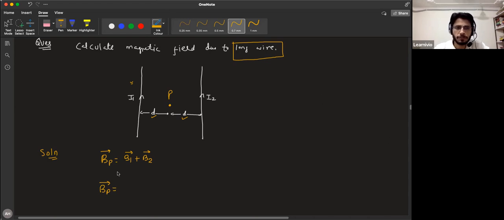Nabil, the magnetic field at P due to this long wire. Nabil Khan, are you in class? Yes, sir. I'm asking about the magnetic field at P due to this long wire having current I1. What is the expression of the magnetic field? It's a long wire, infinitely long wire.